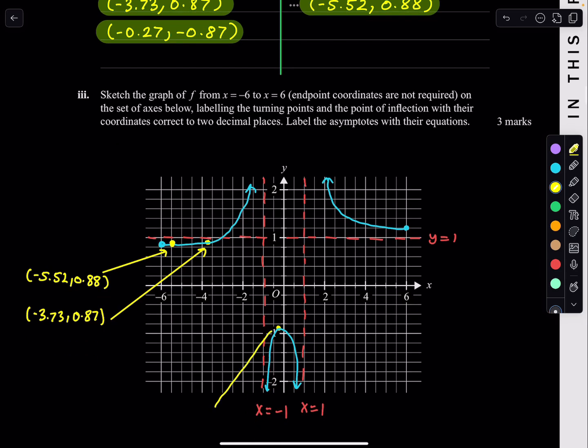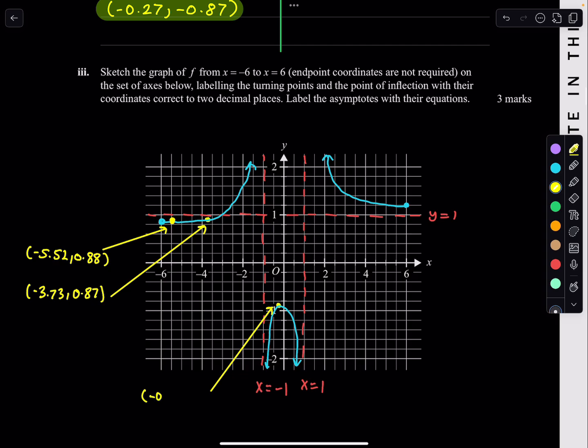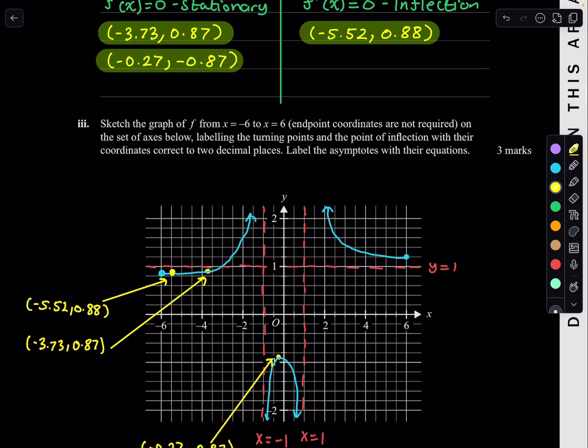And this one over here was my stationary point, which was negative 0.27, negative 0.87. Done. So that's all you need to label, I think. Yeah. So we've labeled the asymptotes, we've labeled the stationary point and the inflection, and that's basically it.